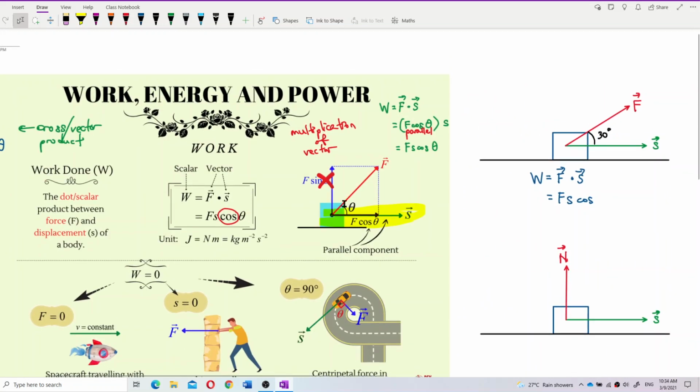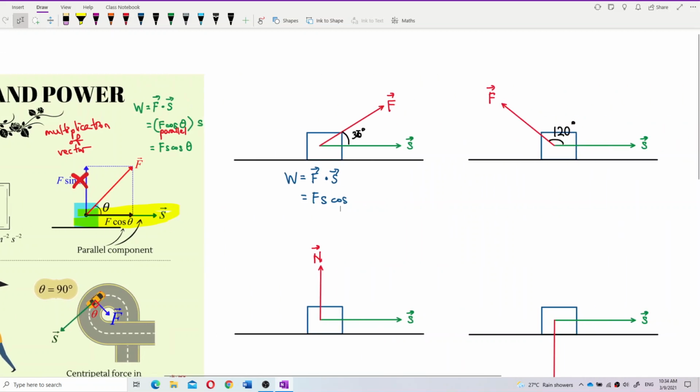Theta is the angle between force and displacement. The angle between force and displacement is 30 degree, so we use 30. So Fs cos 30, and if you calculate this cos theta, you will get a positive value.